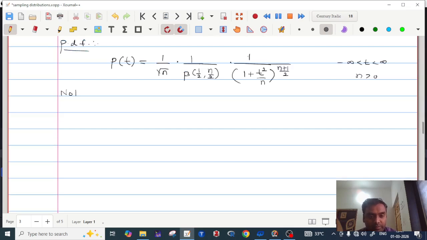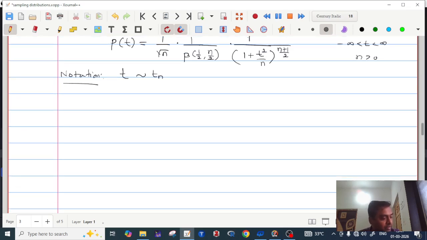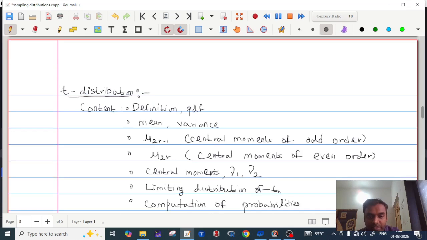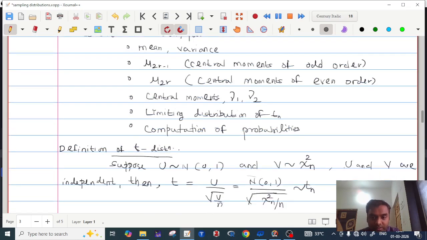Notation is t follows t with n degrees of freedom. Then we will discuss its mean, variance, central moments of odd order, and central moments of even order.